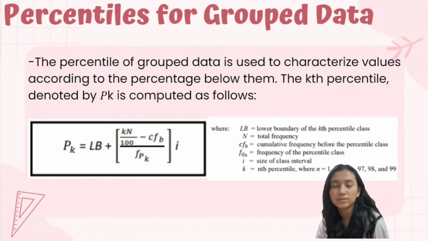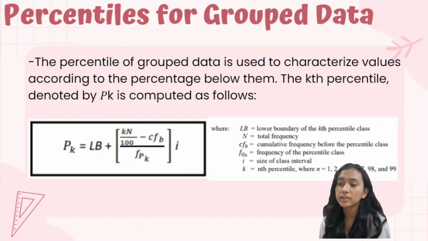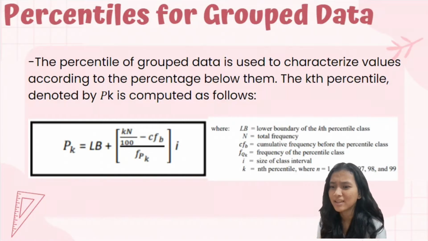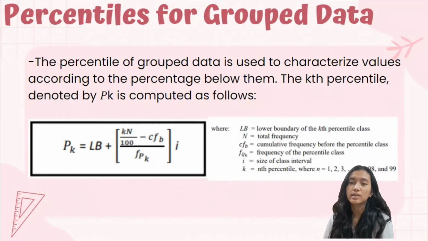What is percentiles for group data? The percentile of group data is used to characterize values according to the percentage below them. The kth percentile denoted by Pk is computed as follows.